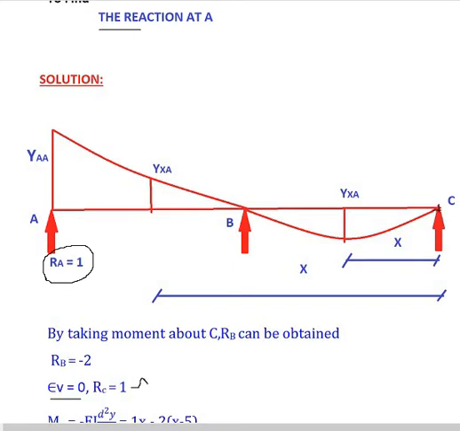So by the Muller-Breslau principle, first we have given RA equal to 1 at the support A. Next we found RB by taking moment about the point C, and then we found RC by using the equilibrium equation, summation of vertical forces equal to 0. So the first step is to find the reactions RA, RB and RC.